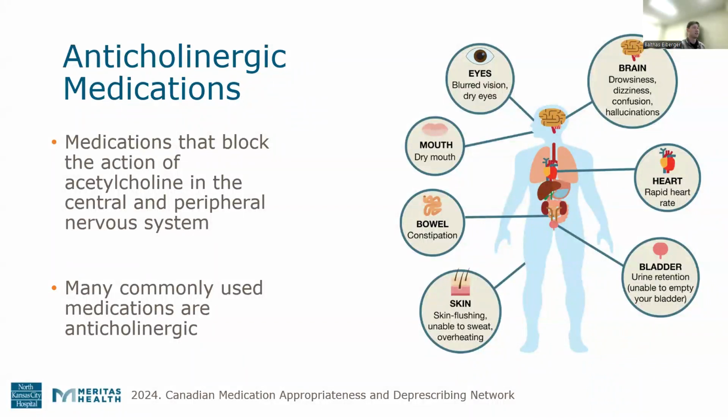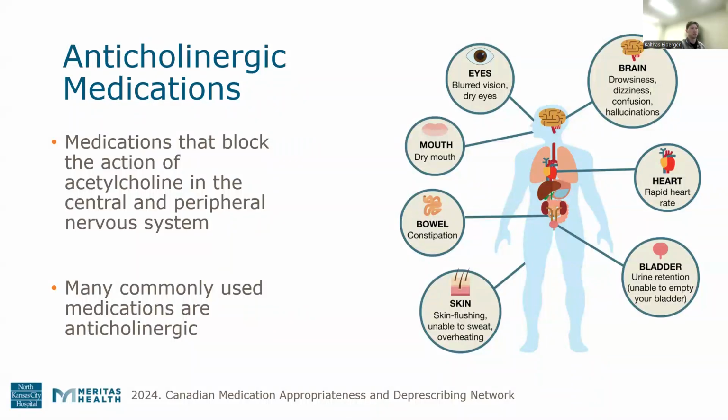So the anticholinergic medications I'll show you on the next slides actually have these as their side effects. So we'll see, the skin, it causes overheating, unable to sweat, causes constipation, dry mouth, blurred vision or dry eyes.